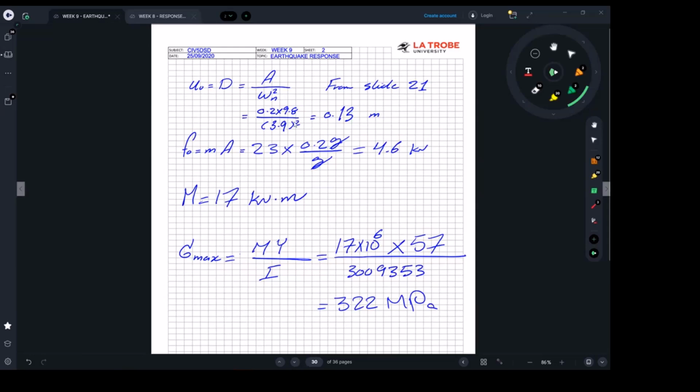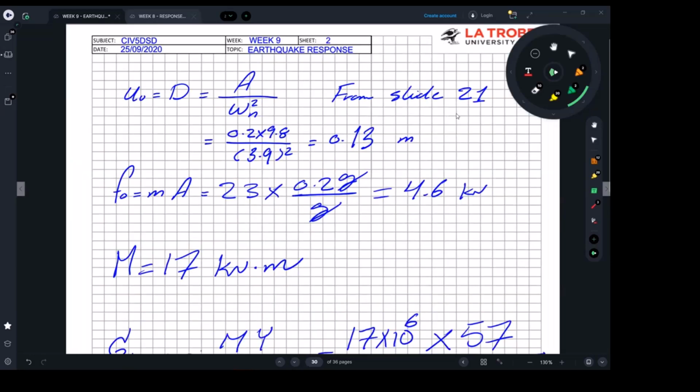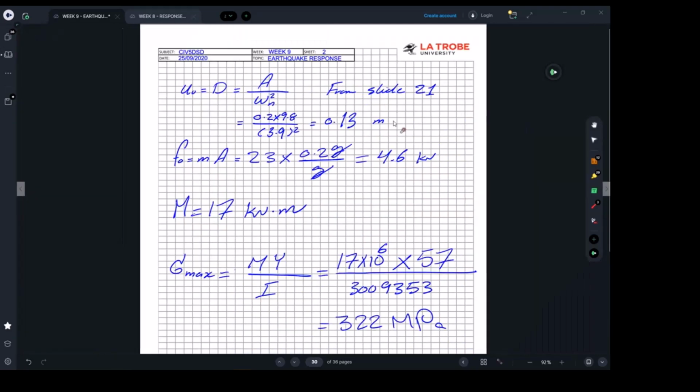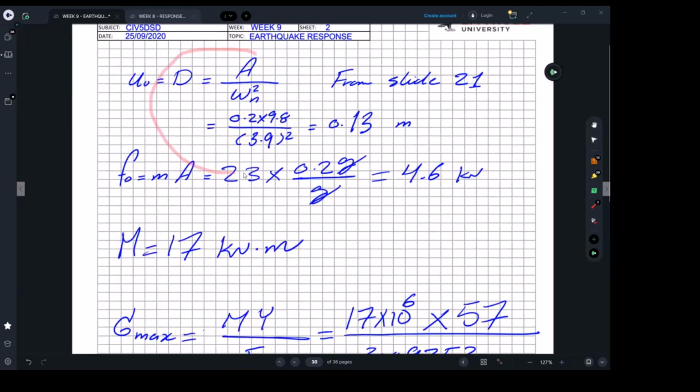And from slide 21, we do have a relationship between the dynamic displacement and the acceleration. That will give you 0.13. If you want to use the graph, it gave us the same thing, roughly 120 to 130 millimeters. And if you use the formula that we shared with you, it will give you the same figure.